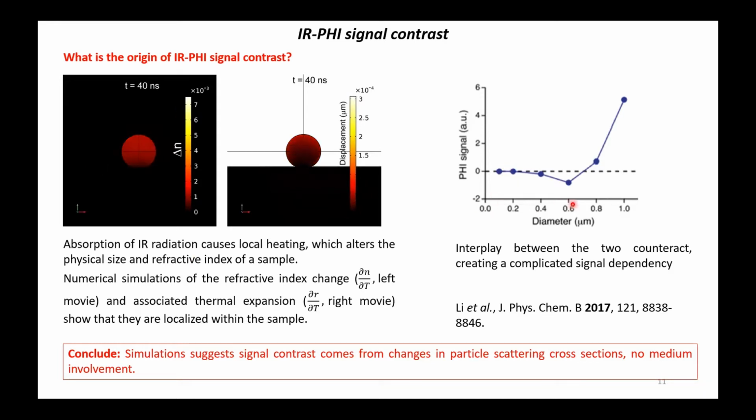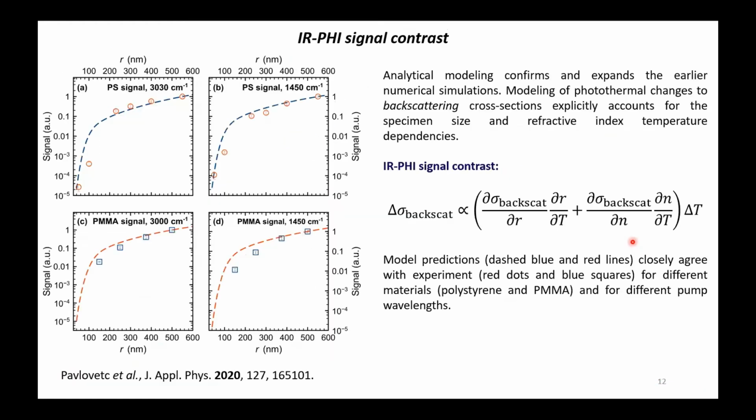This creates a complicated signal dependency on size, and we decided to expand it with analytical modeling. And with analytical modeling, we actually confirm and expand this numerical simulation. For analytical modeling, photothermal changes or signal contrast is a function of changes to backscattering cross-section given our collection of backscattering light.